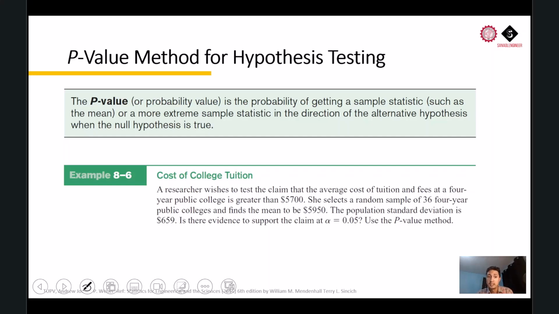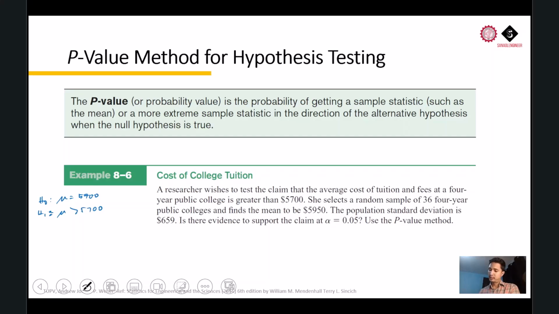Is there any evidence to support the claim at alpha of 0.05? Use the p-value method. So the null hypothesis is that it is equal to 5700, and the alternative is that it is greater than 5700.